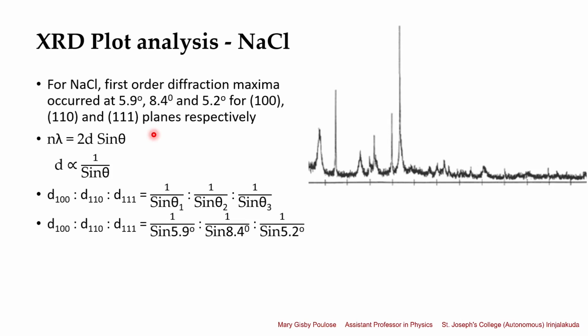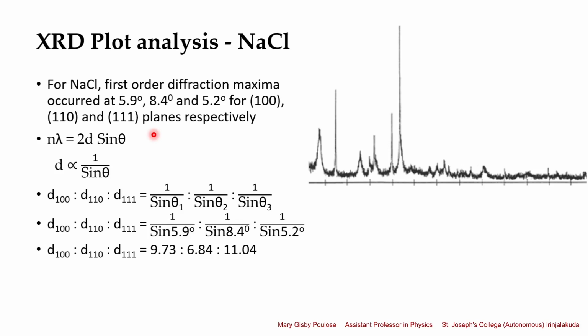And by calculating this, we get the proportionality ratio as 9.73 : 6.84 : 11.04. Now usually while taking the ratio, we make one of these terms into one. So let us make the 9.73 term as 1.